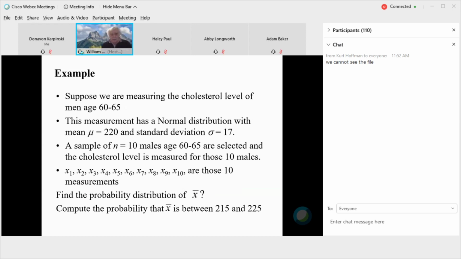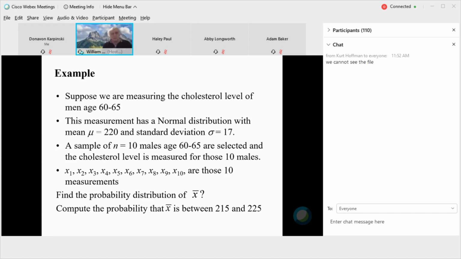Suppose we take 10 males aged 60 to 65, and so these are the 10 measurements of cholesterol for the 10 individuals selected at random.